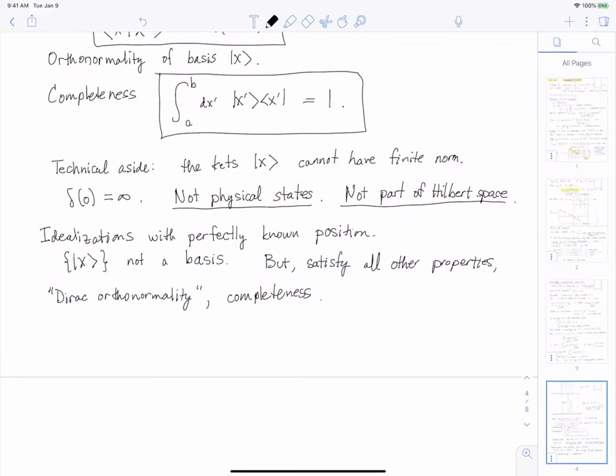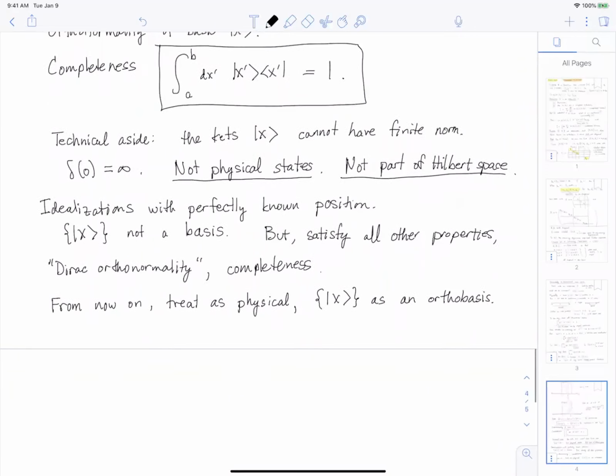Okay, so without apology, from now on, we're going to treat them as if they were physical. And we're going to treat the set of all |x> kets as if they formed an orthobasis, even though, technically, from a purely mathematical point of view, it's just not true.